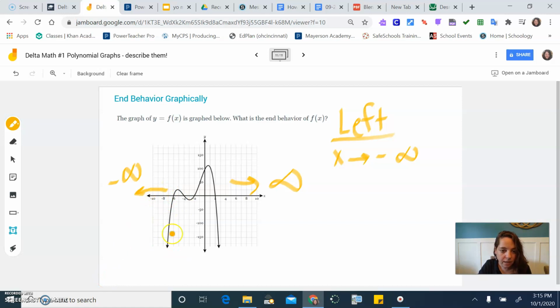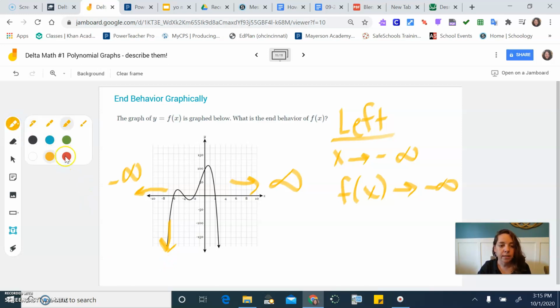Well, on this left side, it looks like the y values are going down. So it's going forever down, and forever down we call negative infinity. So as x approaches negative infinity, f of x approaches negative infinity as well in this case.